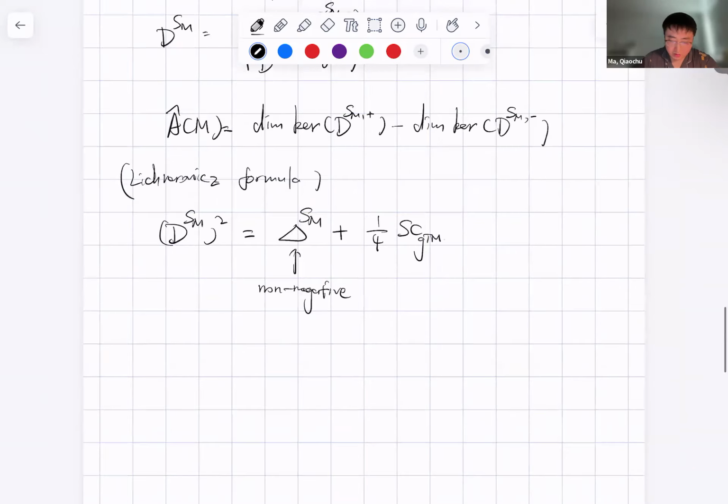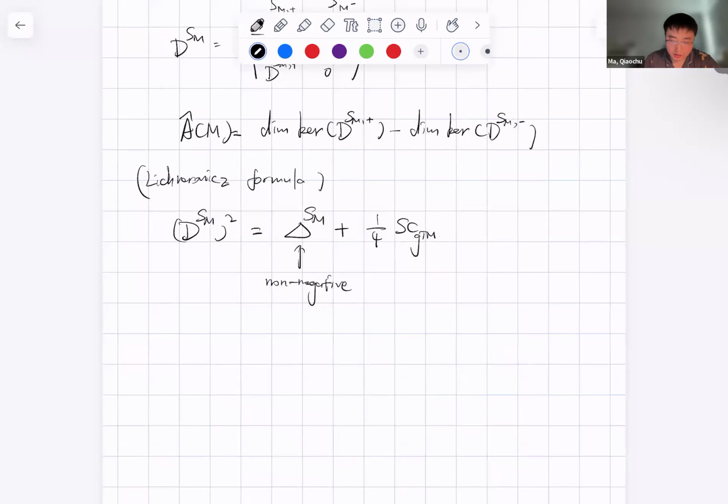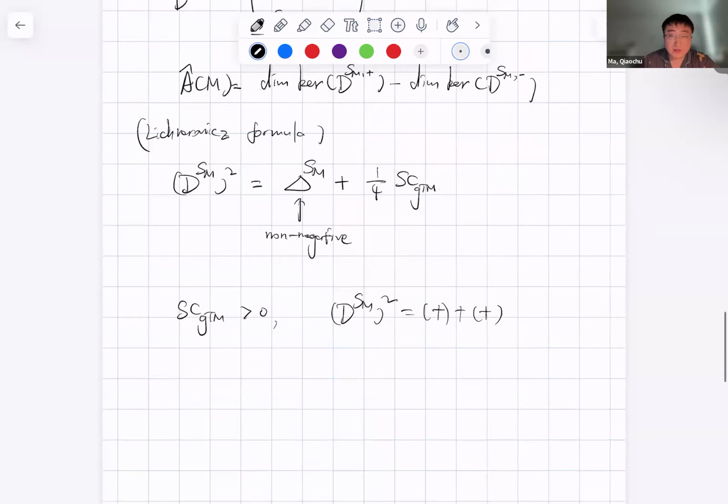Using this theorem, you can see that if the scalar curvature is positive, then D squared is a non-negative term plus a positive term. So the kernel of this operator can only be zero.